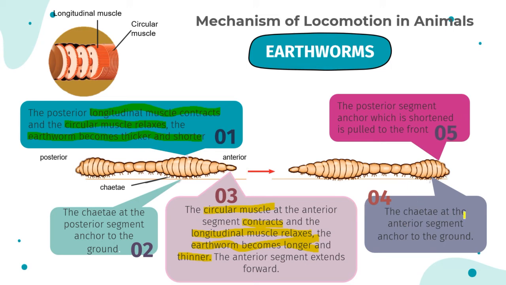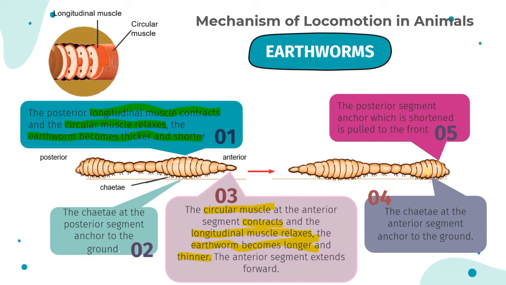The kit at the anterior segment anchors to the ground. So the posterior segment, which is shortened, is pulled to the front.